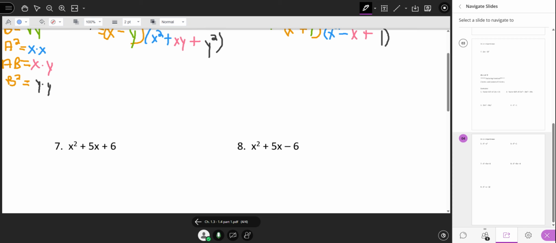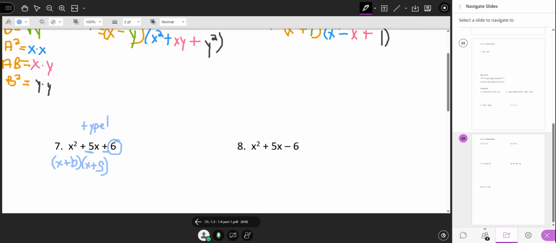Now, number 7 is type 1. Remember, that is x plus big, x plus small. All right? Well, how can I multiply to get 6 and add to get 5?